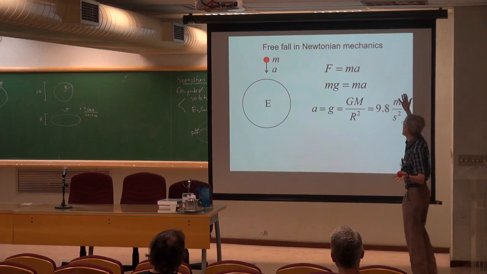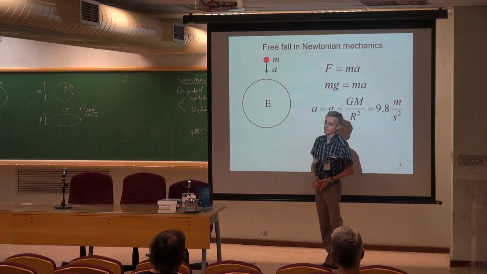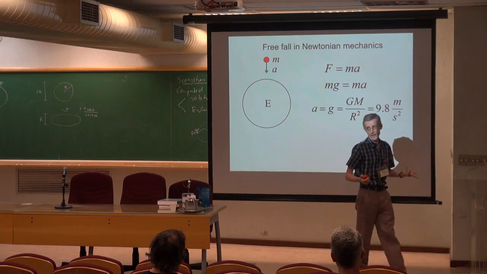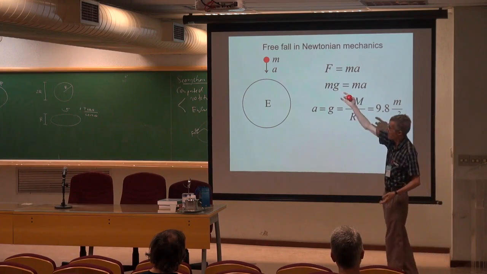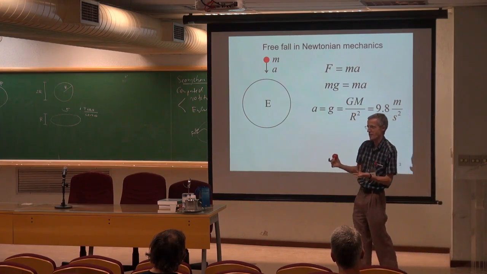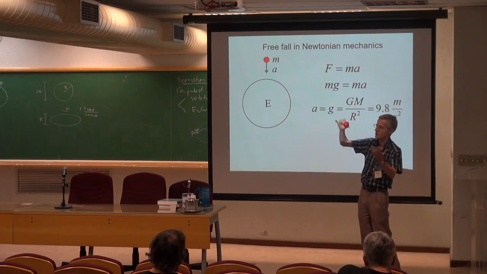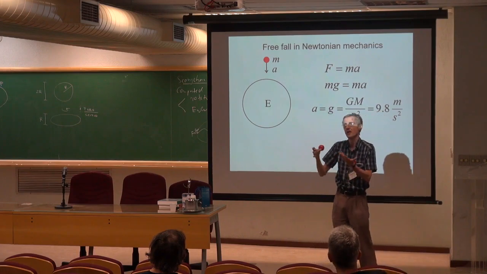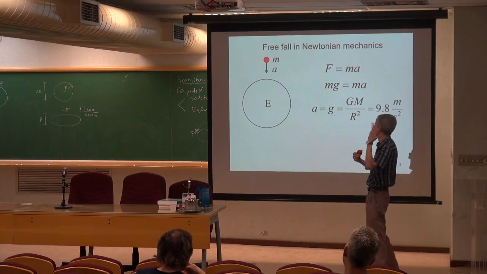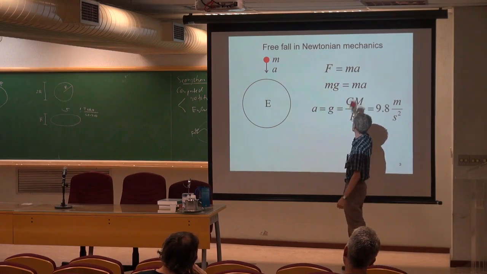F equals ma, the two-body problem, the apple and the earth, and the force exerted on the apple is just the weight. From here to here, Newton's law of gravitation falls as 1 over r squared. But the radius of the earth is so great that from here to here, the force is essentially constant. So we have a constant force, which we call m small g equals ma.